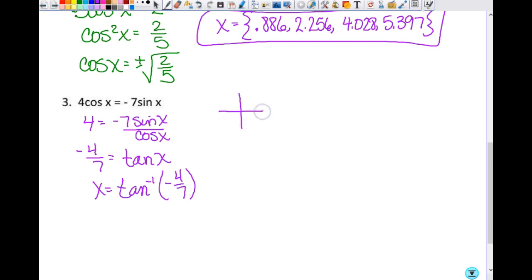So which quadrants am I going to be getting answers for? Second and fourth, right? So I need a second, so that means I'll have 2 answers. You need to find alpha, and then you also need to find the actual answers for x.